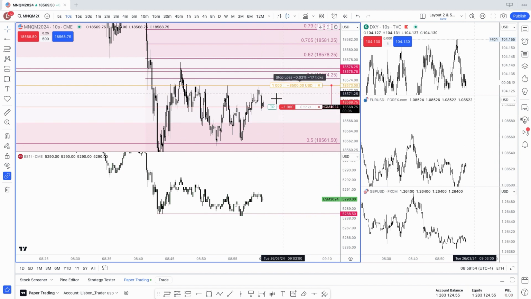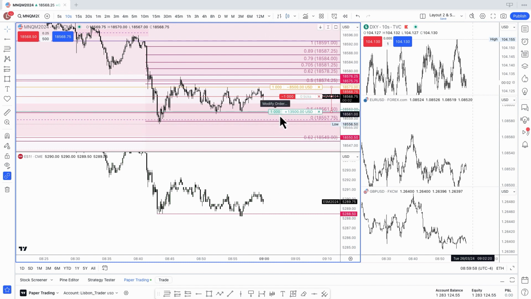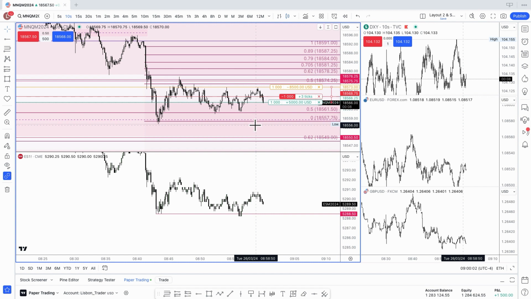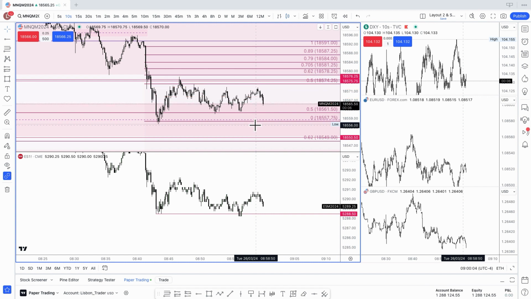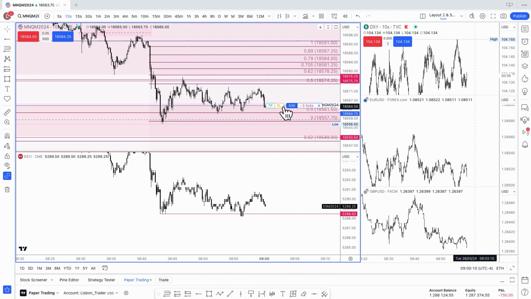Will be tagged, most probably, or they will just go for another push lower there and then resume higher, pushing lower.